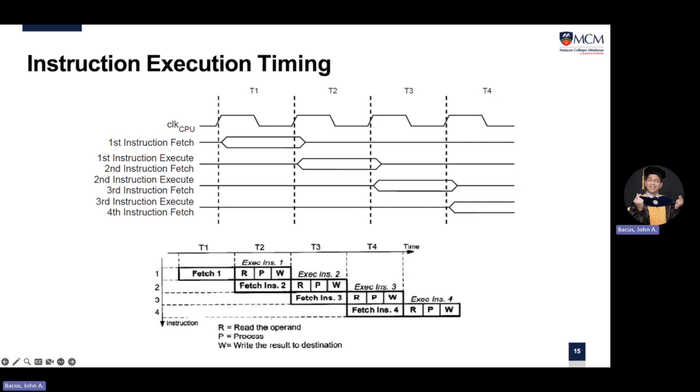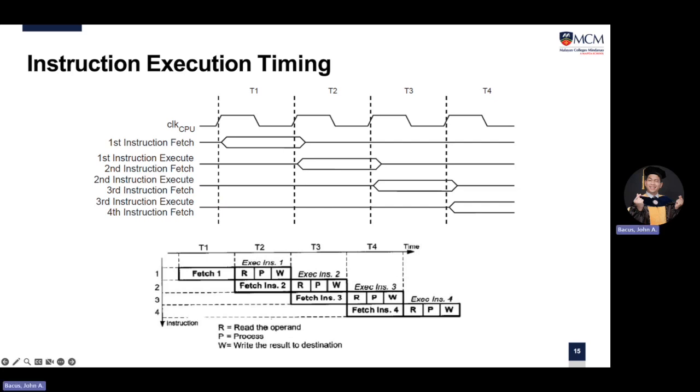Now in the lower diagram, it visualizes the pipeline stages over time. T1 fetches the first instruction, and then T2 executes the first instruction while the second is fetched. At T3, the first instruction completes the read, process, and write, while the second is executed and the third is fetched.